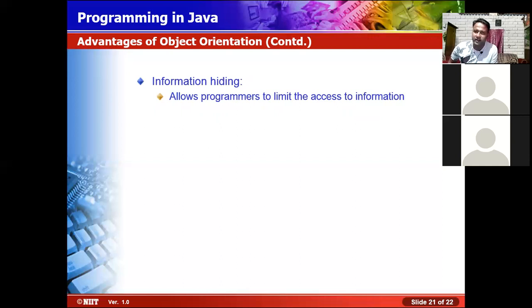Those are in the list. And some photos you upload and you do not post publicly or to friends. You make it private. Private means it is only visible at your end. So information hiding is just like that. It allows the programmer to limit the access to information.